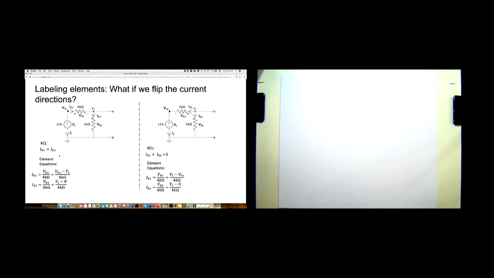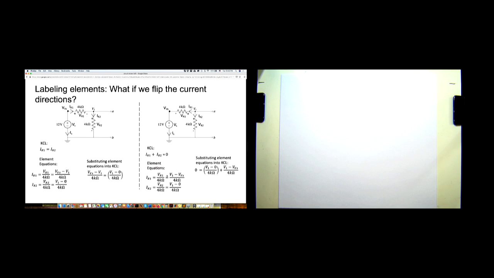Then if you write the KCL, you're going to have IR1 equals IR2 in one case, IR1 equals minus IR2 in the other case. So you have a minus there. However, when you write out your element equations for IR1, you see that you have another negation here. So IR1 is VS minus V1 over 4K, and IR1 is V1 minus VS over 4K. These two negations cancel each other out.